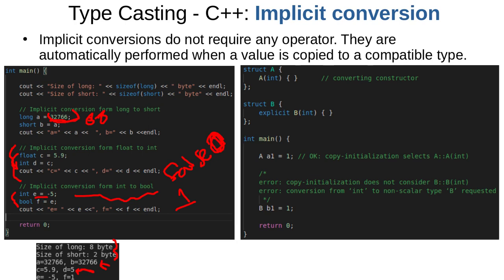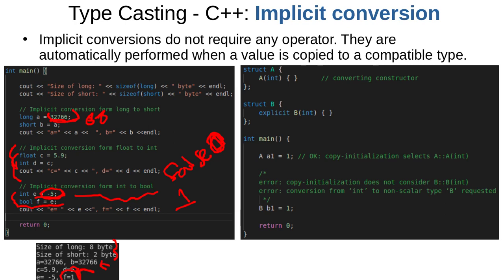So here we have e equal to minus 5, which is not 0, so it will be cast to true, and true means 1. This is why f of type boolean equals 1.